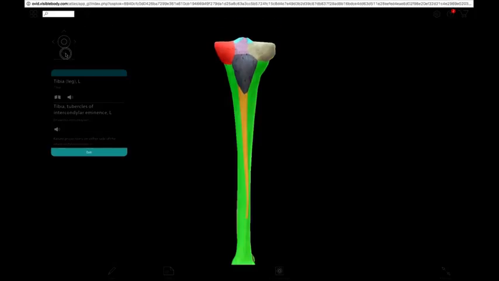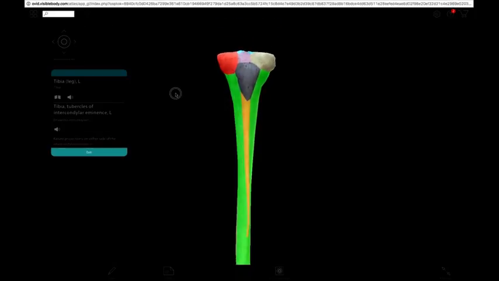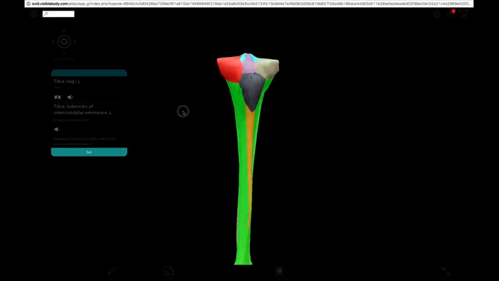So I'm going to bring this down. This is sitting in anatomic position. If you're looking at the knee, the intercondylar eminence has elevations for the attachments of the cruciate ligaments. The cruciate ligaments. They're named cruciate because they actually cross within the joint, within the knee joint.